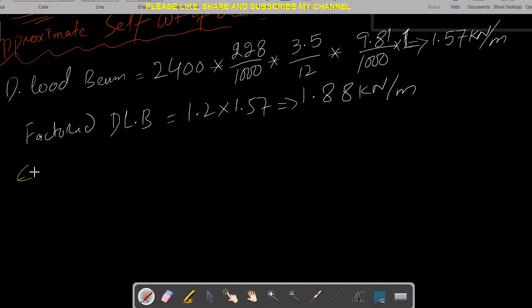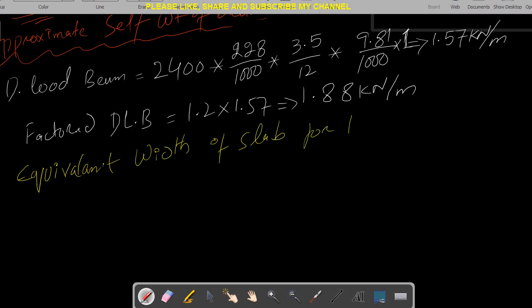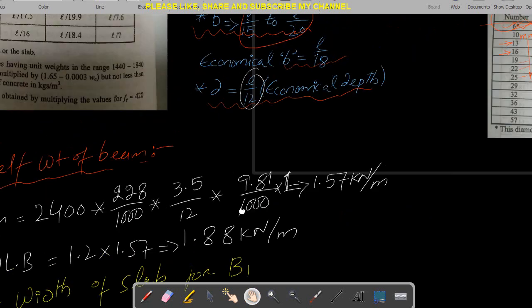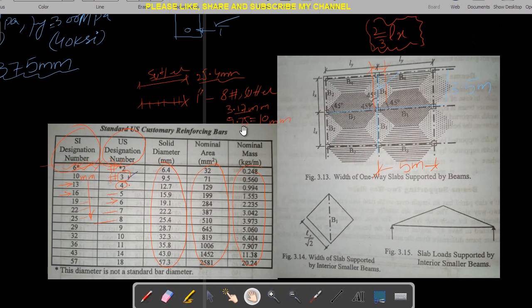My equivalent width of slab, which contributes load to the beam, right? Equivalent width of slab for beam 1. As I have already discussed, for this beam we have two triangular areas and we will need to find the equivalent width.